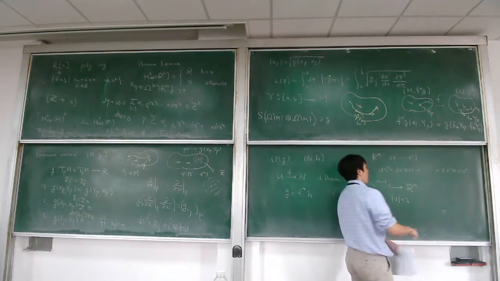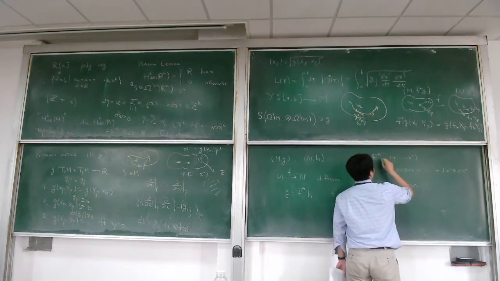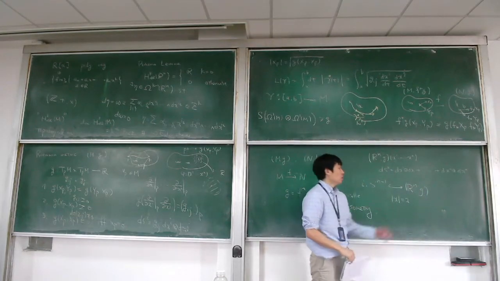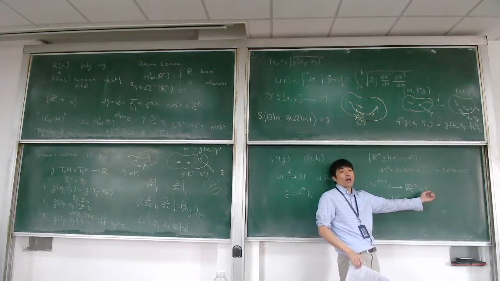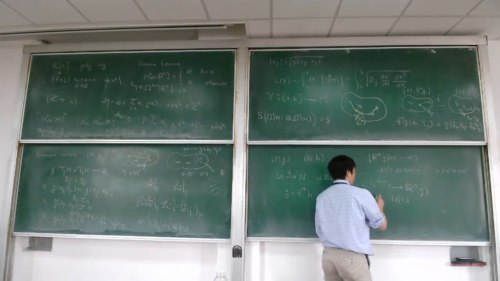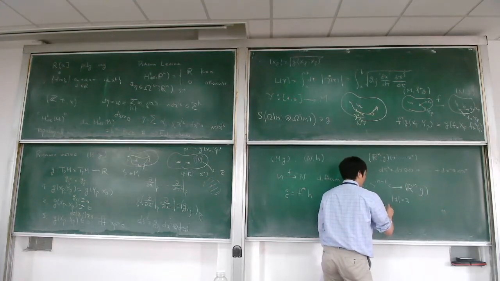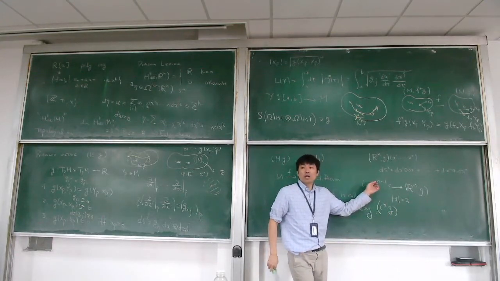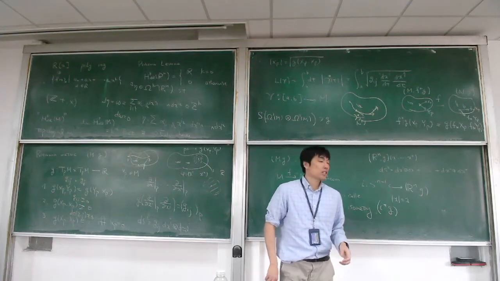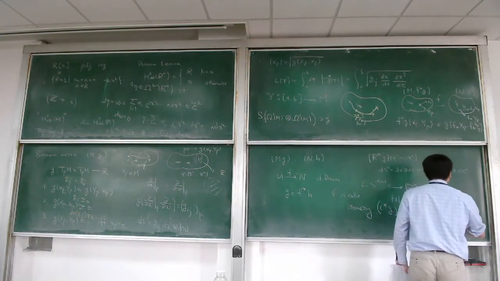So here you have a metric, let's call this g. One can have the pullback of the standard metric of R^n to S^{n-1} by inclusion. So here you can have the induced metric i star of g on the unit sphere S^{n-1}. So you can just pull back.